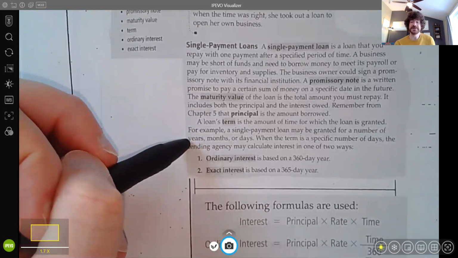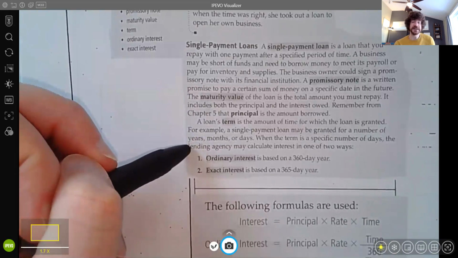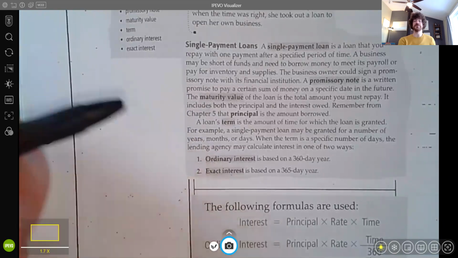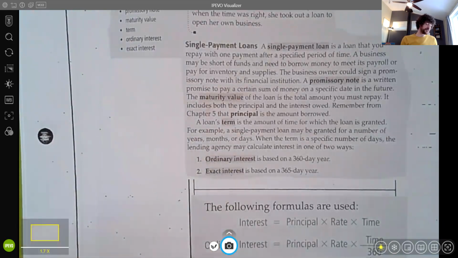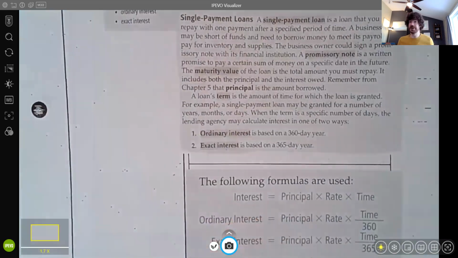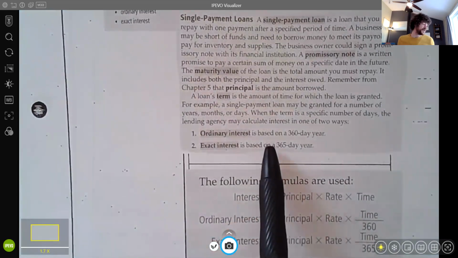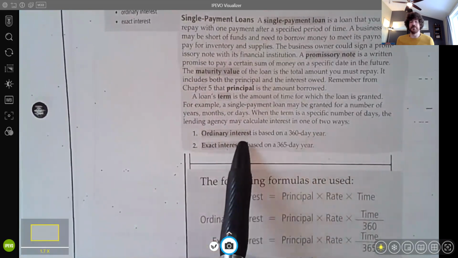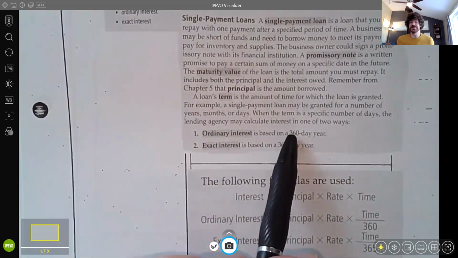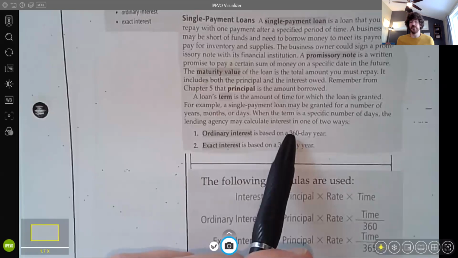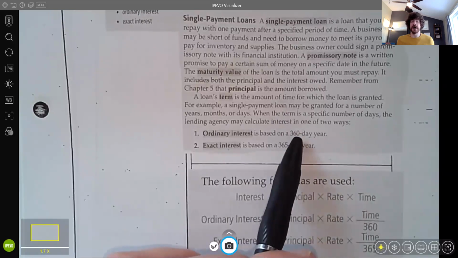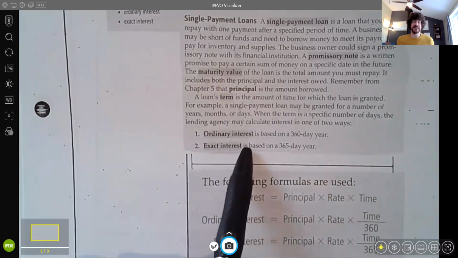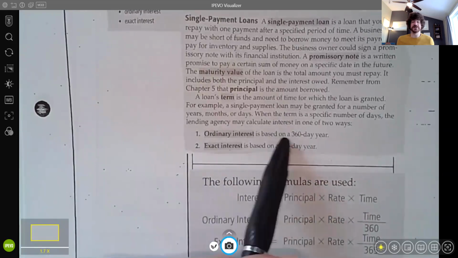When the term is a specific number of days, the lending agency may calculate the interest in one of two ways. So depending on where you get a loan from, some banks or institutions will calculate loan based off of what's called ordinary interest, which we all know there aren't 360 days in a year, but it's a nice round number. And so they'll just say, all right, we take our interest rate over 360 days. Exact interest calculates down to the number of exact days in a year, which is 365.